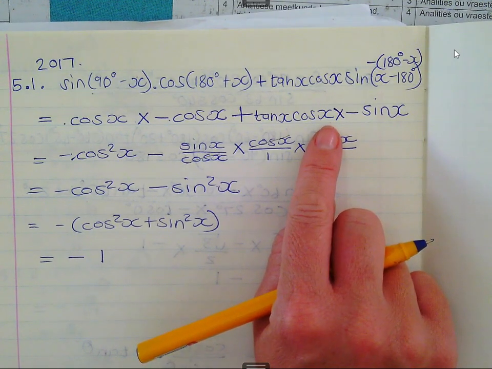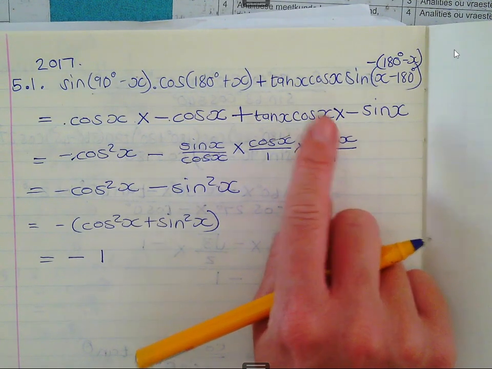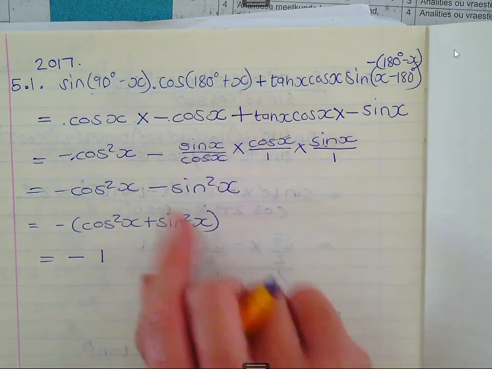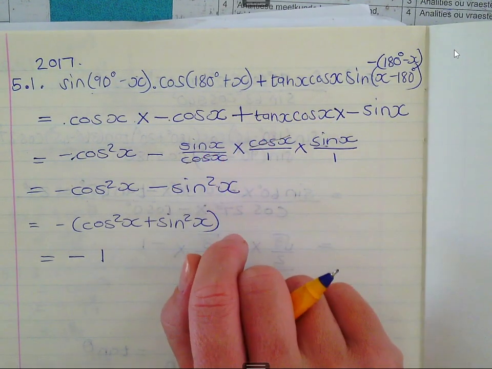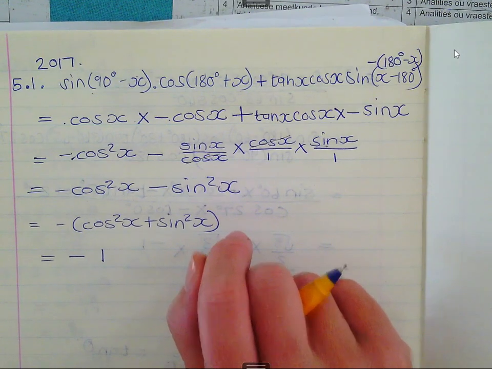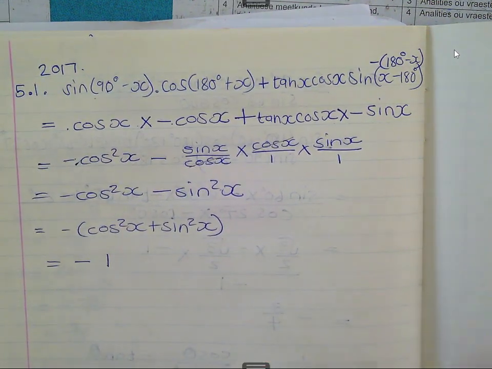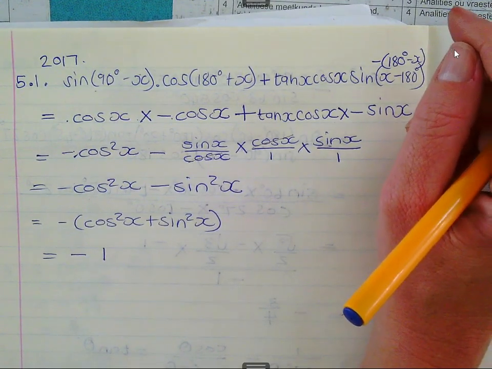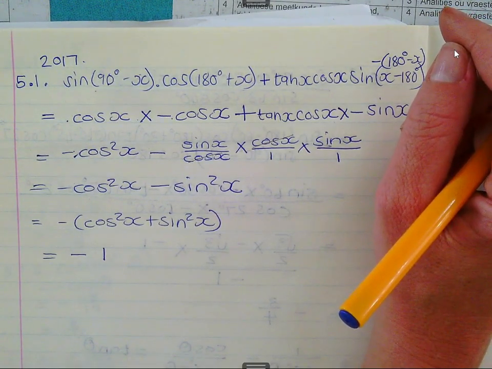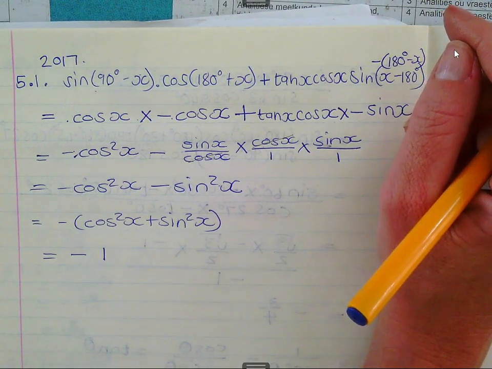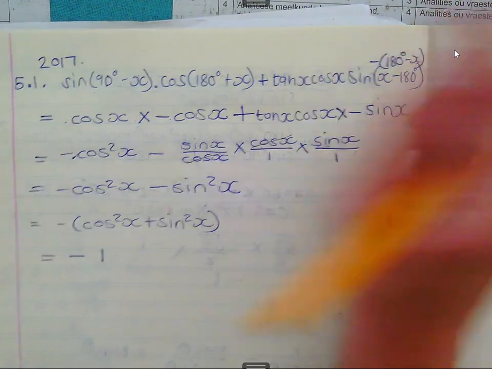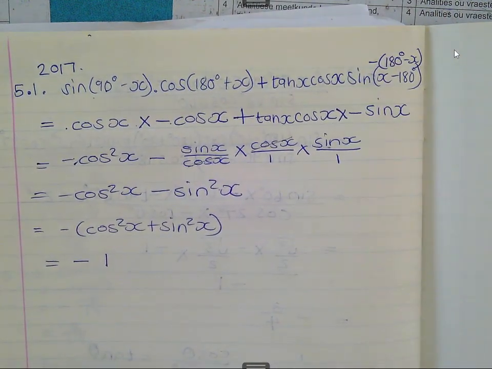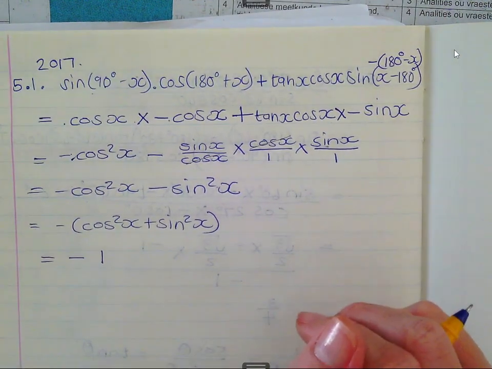Either you can take out a cos in common, or you can use your identity. If this was a fraction, I would definitely take out the cos in common so that I can cancel out. But because it's not a fraction, taking something out is not really going to help. Maybe sometimes that is the way to go, but once you've taken it out and you don't see anything special in the brackets, just go back to the previous step and try something else.